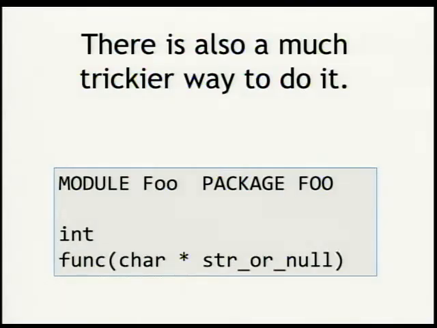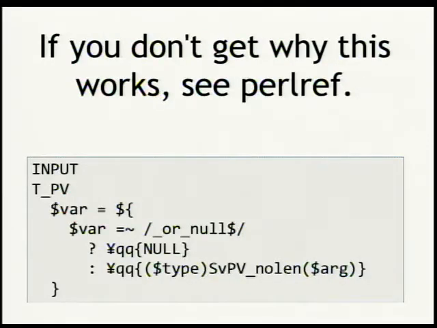And there is also a much trickier way to do it. In this case, I tweaked this variable name, string or null, and I can't explain it in English. Well, if you don't get why this works, see perlxs, and you can find some explanation.